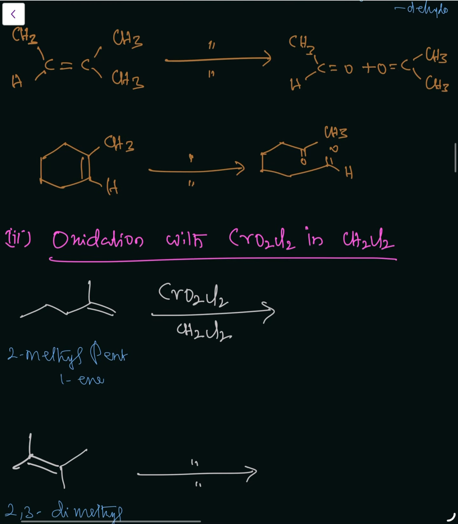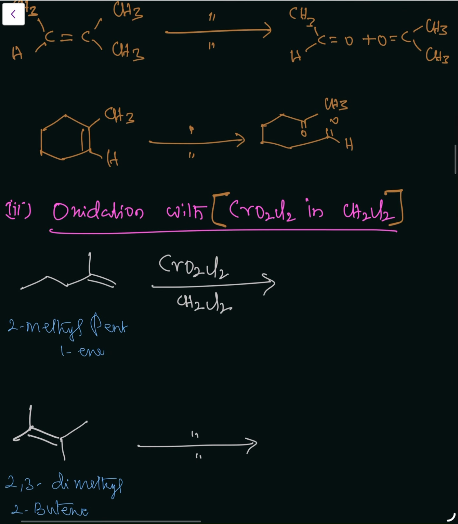Next, oxidation with CrO2Cl2 in the presence of CH2Cl2, that is chromyl chloride we can say. In this case, 2-methylpent-1-ene when it reacts with CrO2Cl2 and CH2Cl2, wherever the double bond is there, oxidation takes place. The double bonded carbon is converted to an aldehyde group.